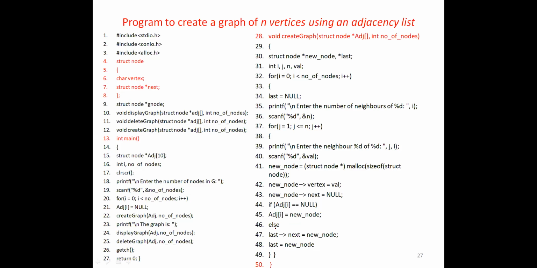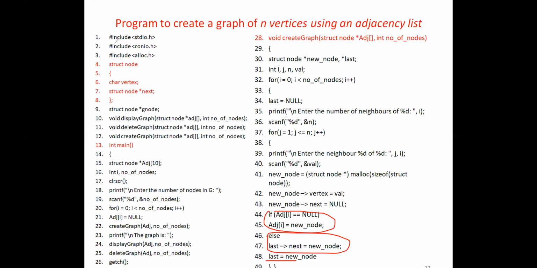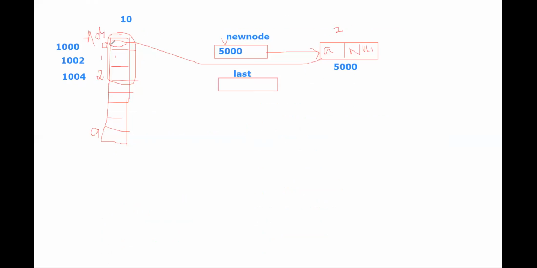And one more thing, if this if is executed, this else will not execute, right? So this else condition will have only one line under it. We declared another node also, the last node. Where will it point right now? To the new node, right? We have only one node in the list of vertex 0, so this is the first node as well as the last node.